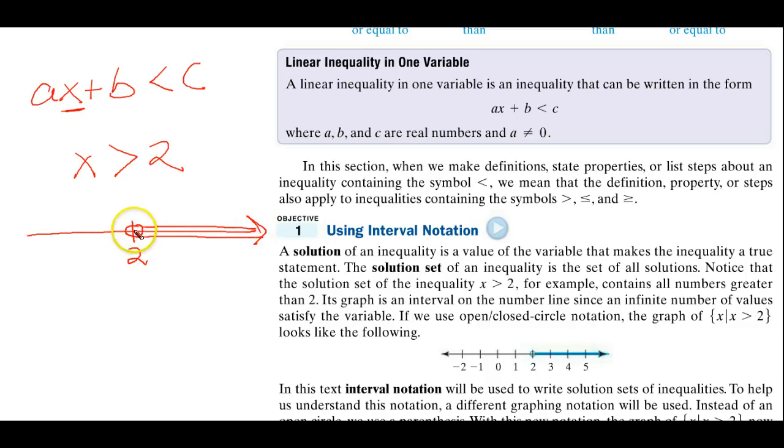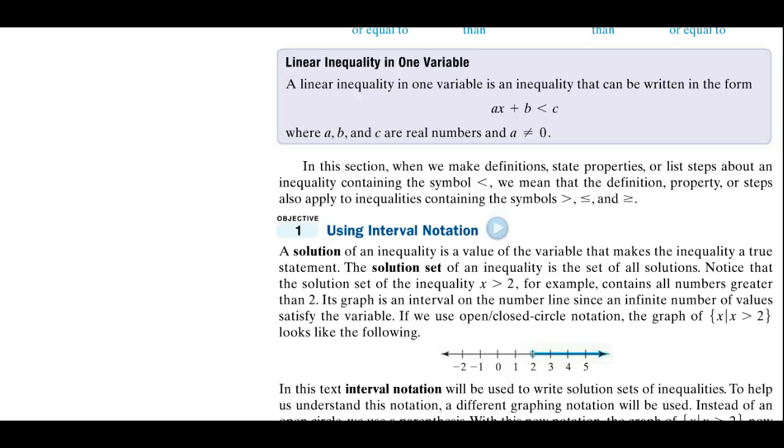Well, it's hard to put little circles when you are using the computer. So we've modified that now to, when it says x is greater than 2, we put a parenthesis at 2. And this is what it will look like in your homework log.